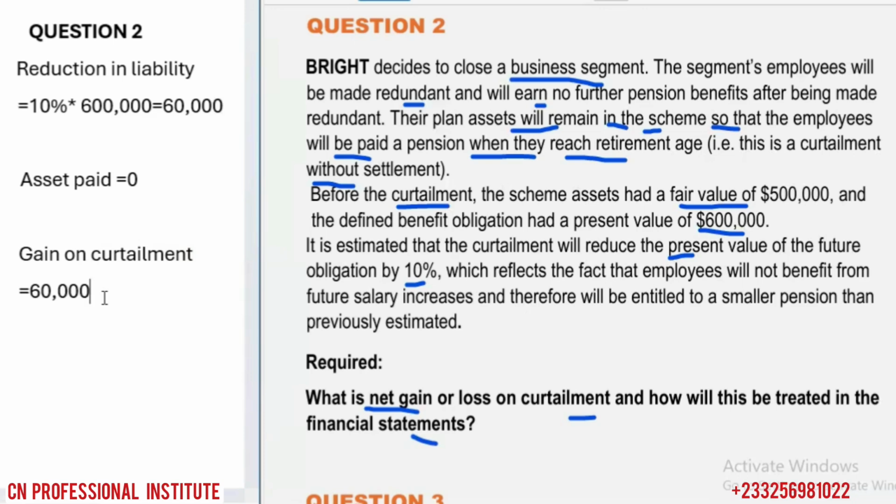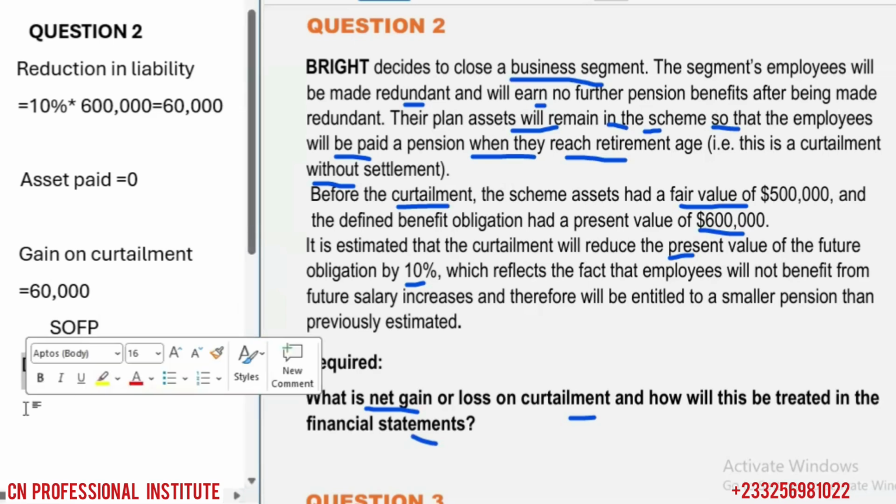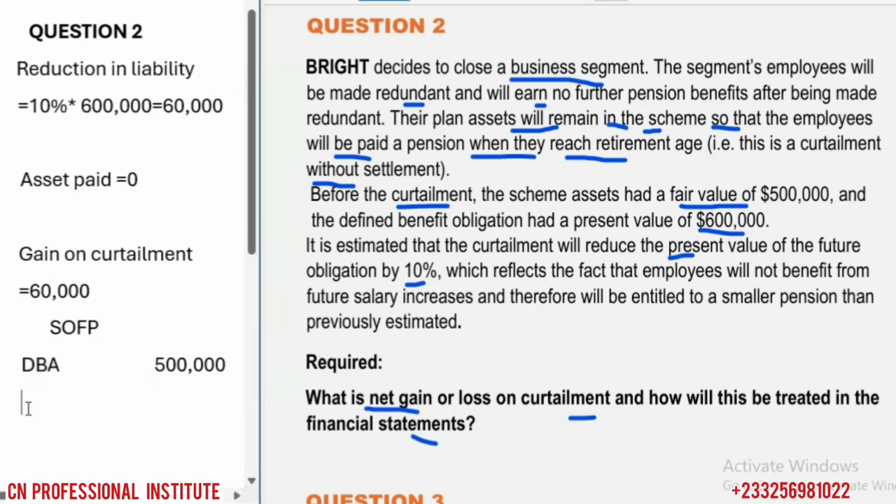And then that's the treatment. Now when you go to your statement of financial position, if you are doing the extract, our assets will still be the same. So the defined benefit asset will still be the same 500,000. It has not reduced, but the liability now has reduced. Your defined benefit obligation will be the 600,000 minus the 60,000, which will give us 540,000.